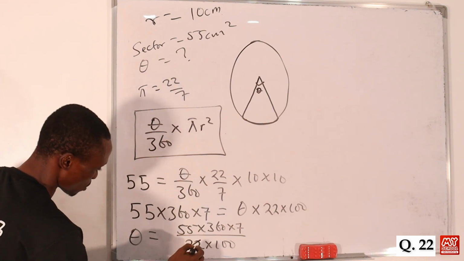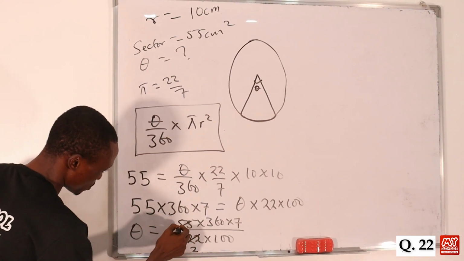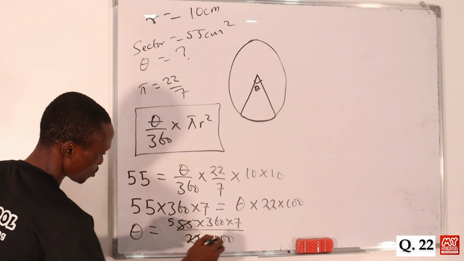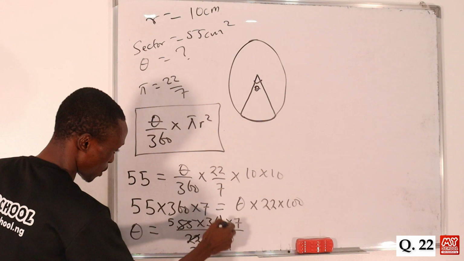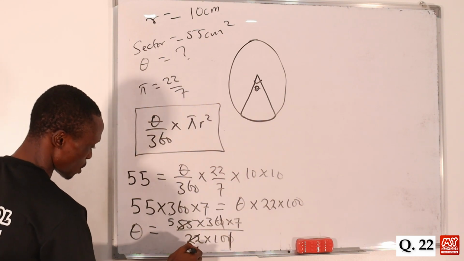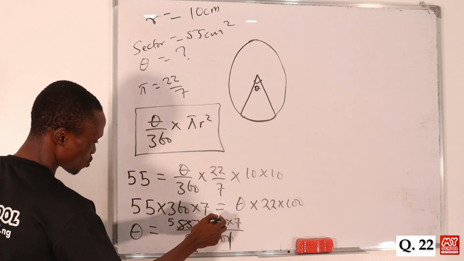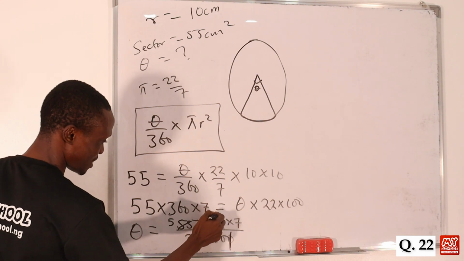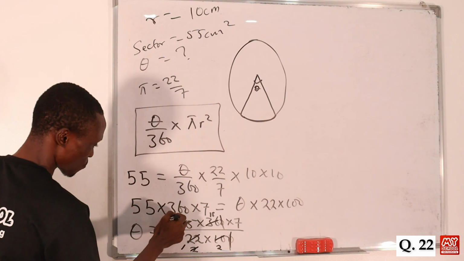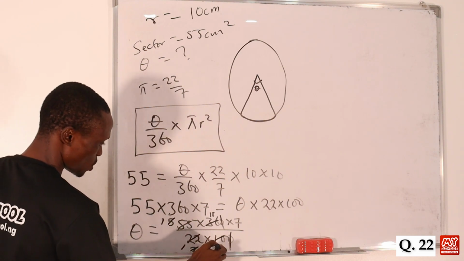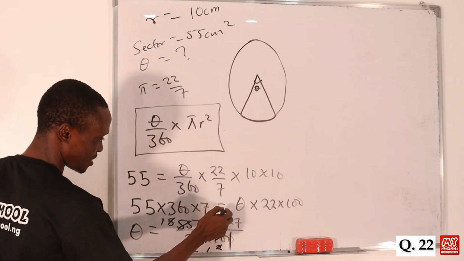So 11 here will give us 2, 11 here will give us 5, okay? The 0 here cancels out the 0 here. 2 here will give us 1, 2 here will give us 18, then 5 here is 1, 2 here is 1, and 2 here is 9.